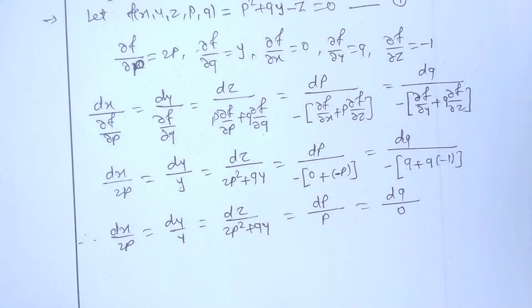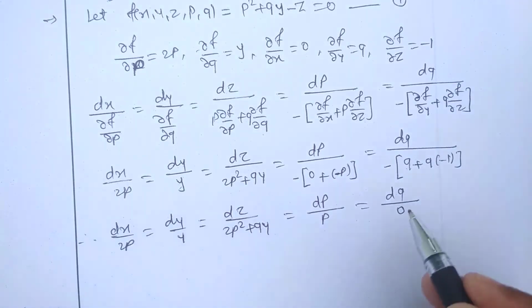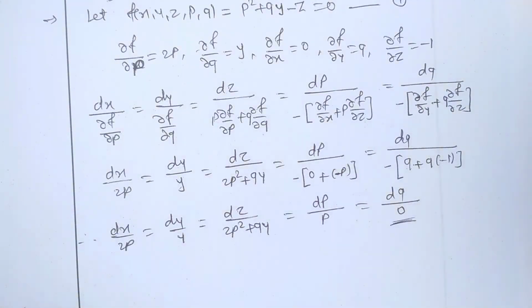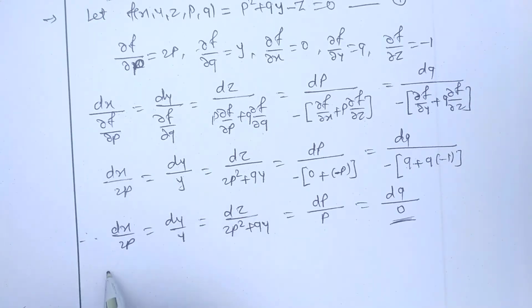Now we have to find one relation in terms of p or in terms of q or in terms of p and q by using this statement. Okay, so after that, see the simplest relation, see here there is a term dq upon 0, so consider dq upon 0.